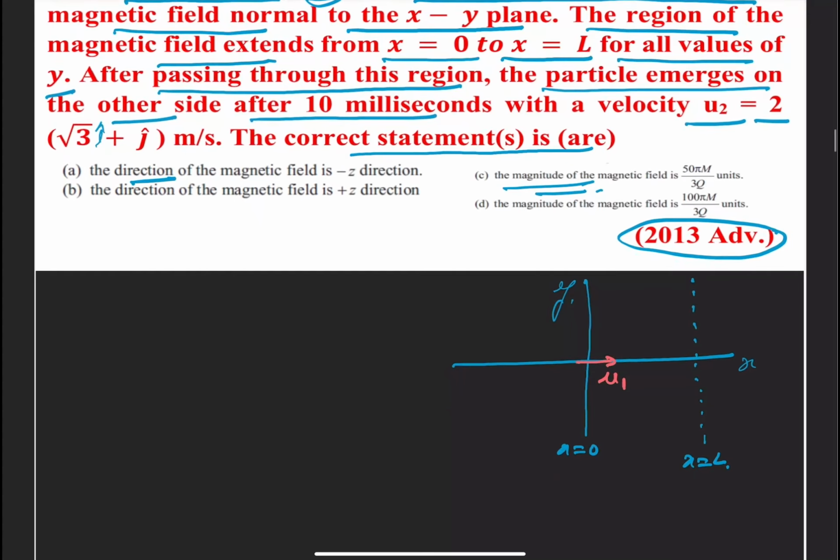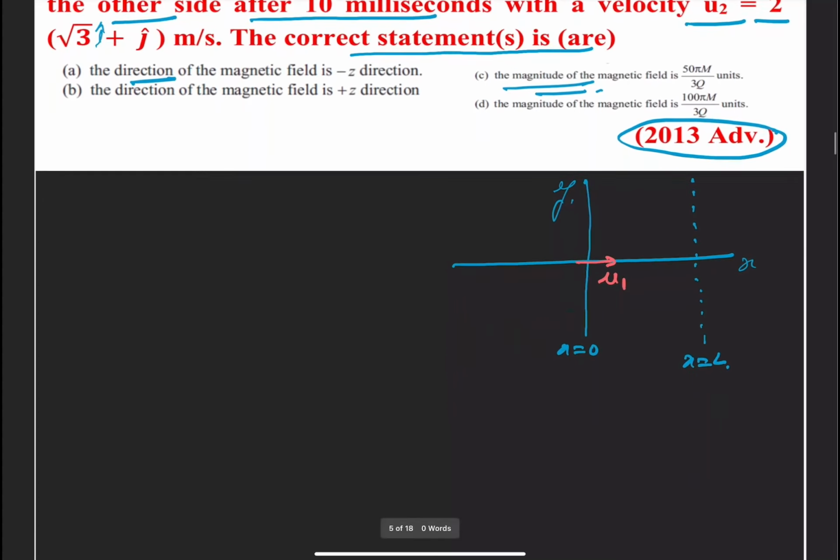Okay, so let us rewrite the final velocity equation and try to sort it out. We are given that the final velocity, which is our u2, is equal to 2 times (3i unit vector plus j unit vector).